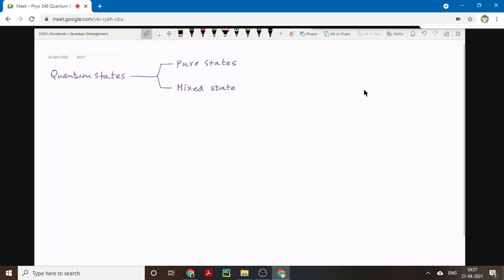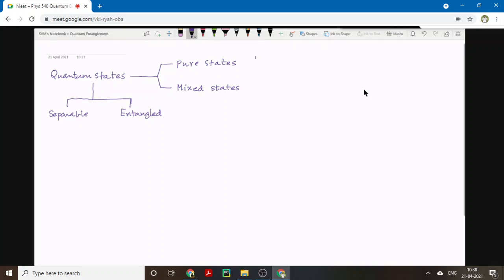In the same way, these states can be separable states or entangled states. This classification is rather independent. That means you can have pure separable states, pure entangled states, mixed separable states, and mixed entangled states.